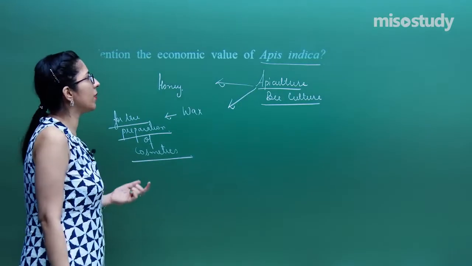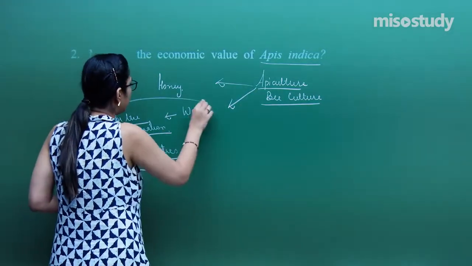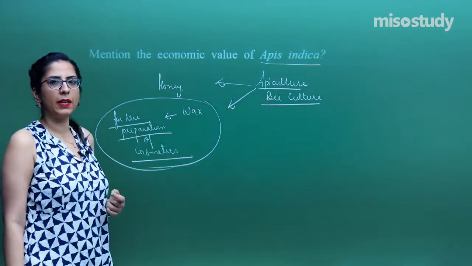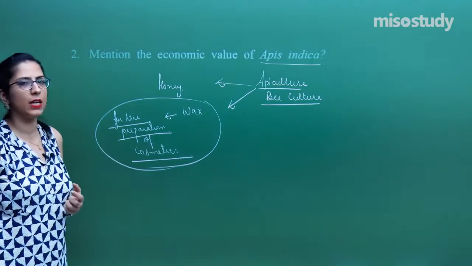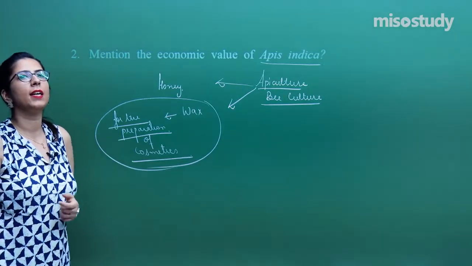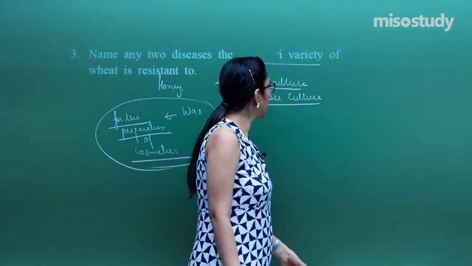This is the economic value of Apis indica, and mainly they are cultured for wax. Hope you know now, you won't make any mistake if such questions come regarding Apis indica. Now let's move on to the next question.